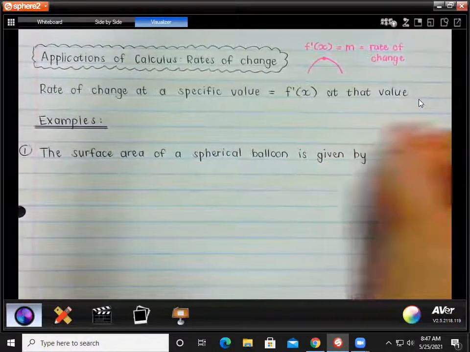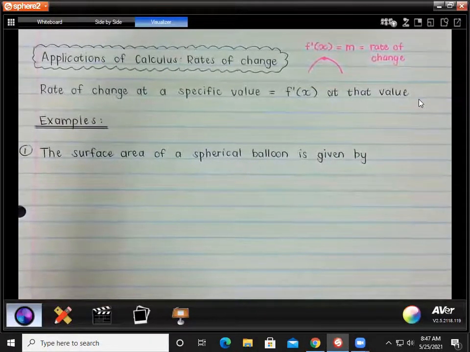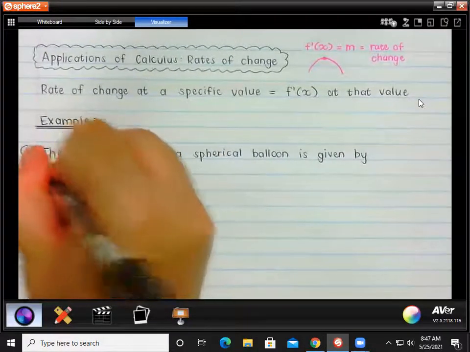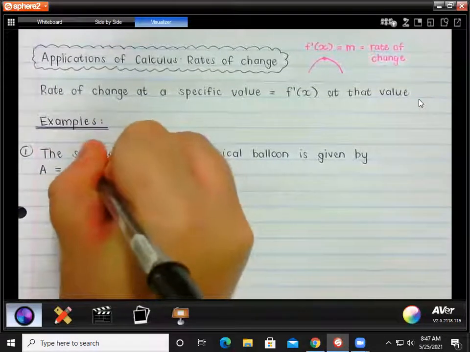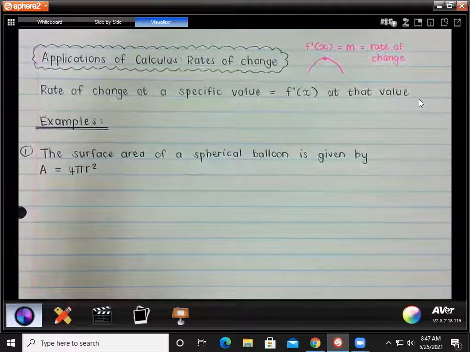So they do actually give you the formulas as well in these types of questions, which is quite nice. I'm not sure if you guys know that the surface area of a sphere is 4 pi r squared.